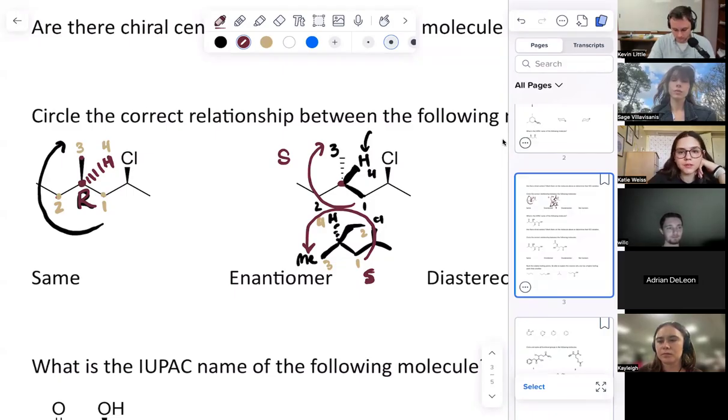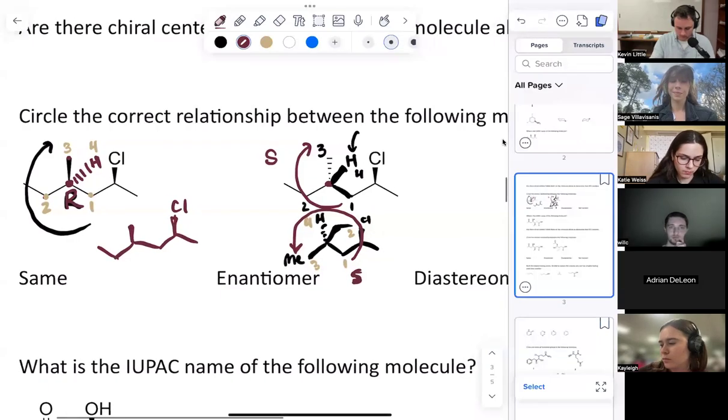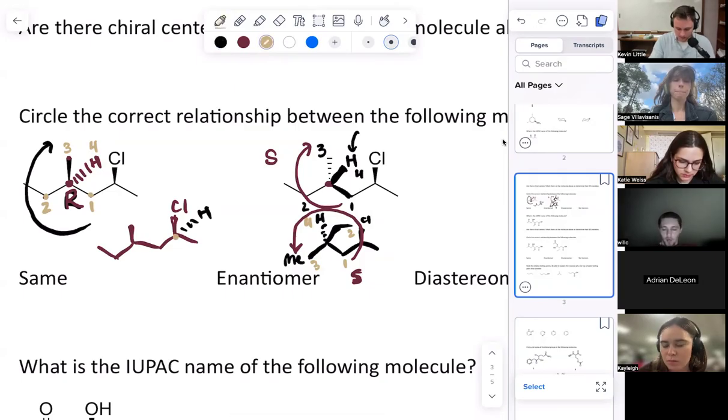Okay. So I'm going to redraw this guy. I want to figure out this other chiral center. So again, the hydrogen is already on a dash. I'm going to number this 1, 2, 3, 4.